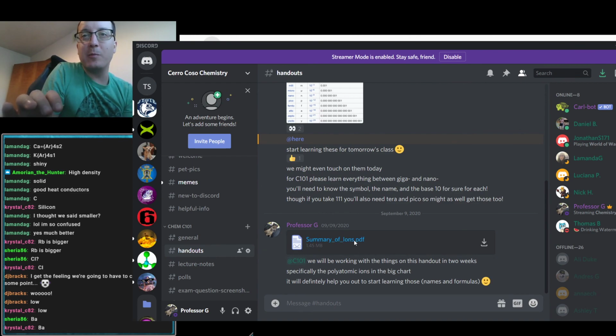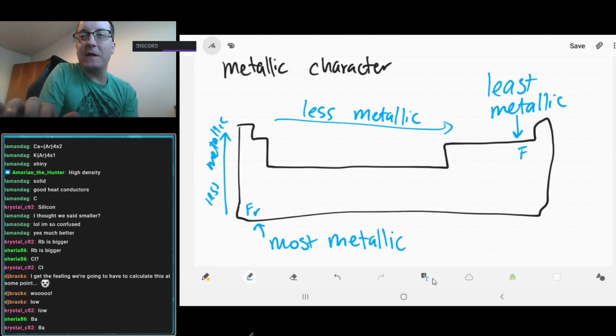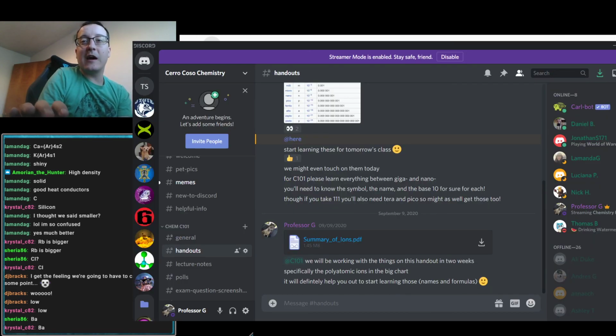If you open it up, which I realize I'm going to have to now show an additional screen. Well, whatever. Open it up. On the second page, you're going to see this chart called polyatomic ions. You're going to want to start learning those.